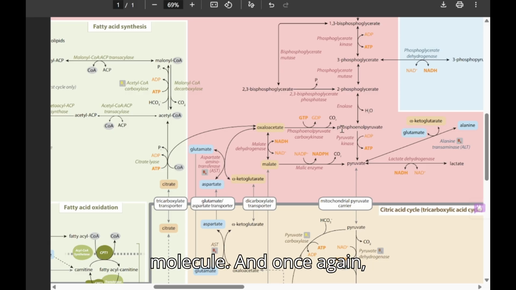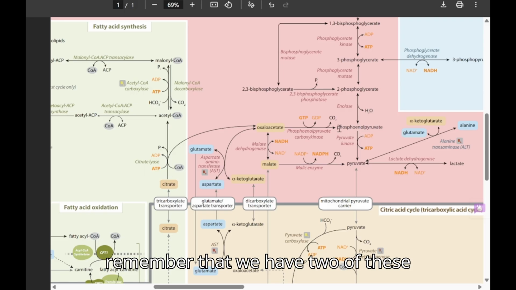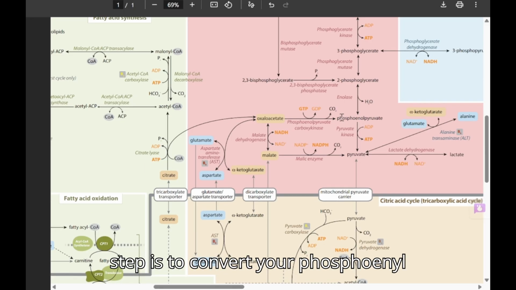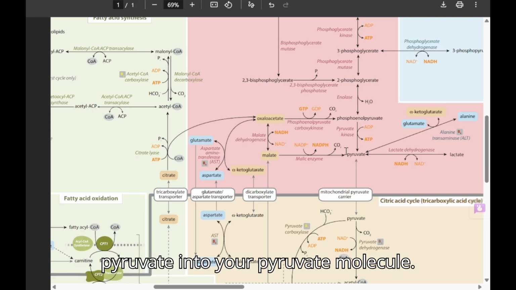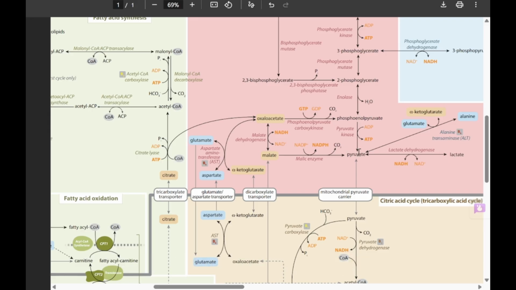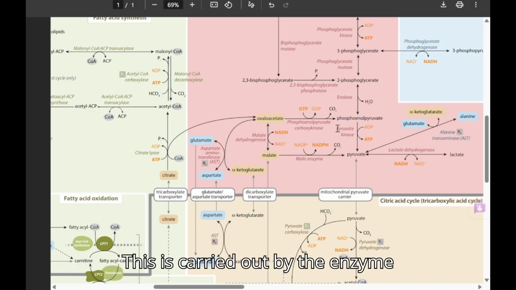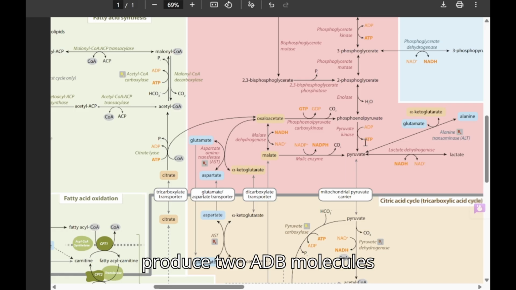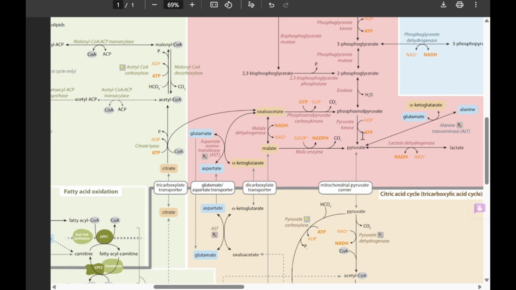And once again, remember that we have two of these molecules. So the final step is to convert phosphoenolpyruvate into pyruvate. This is carried out by the enzyme pyruvate kinase. And once again, we produce two ATP molecules because we technically have two phosphoenolpyruvate molecules.